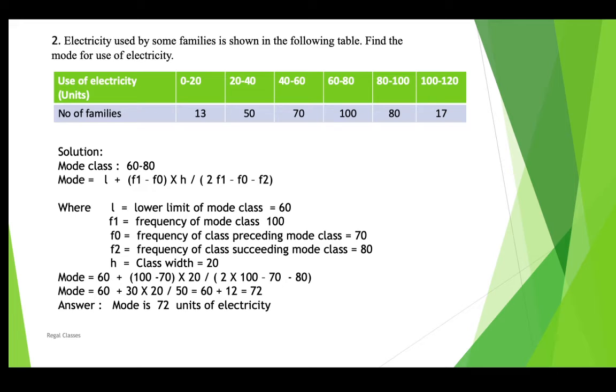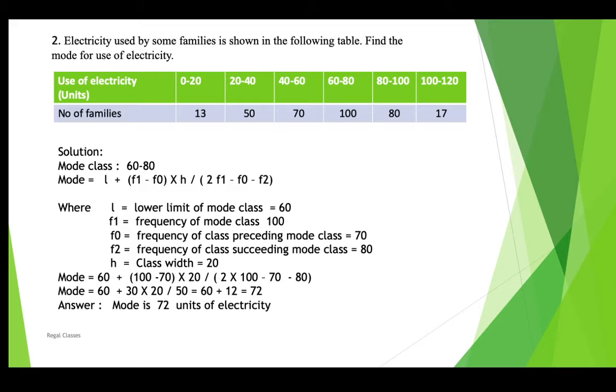Now second problem, electricity used by some families is shown in the following table. Find the mode for use of electricity. Again same, you are given a class distribution, number of families, mode class 60 to 80.